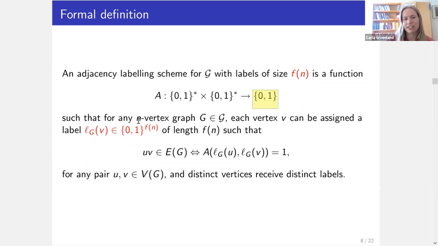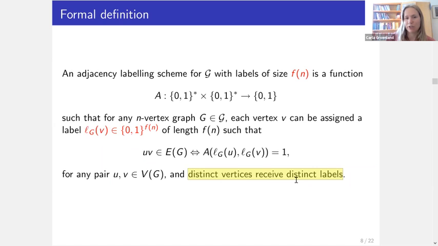So we want to assign to each n-vertex graph in some graph class a label of length f(n), so that we can decode from the labels whether the 2 vertices were adjacent or not. And we say that the labeling scheme has labels of size f(n) exactly if the labels that we assign are of length f(n). There's one more technical assumption that I've put down here, which is that distinct vertices must receive distinct labels.